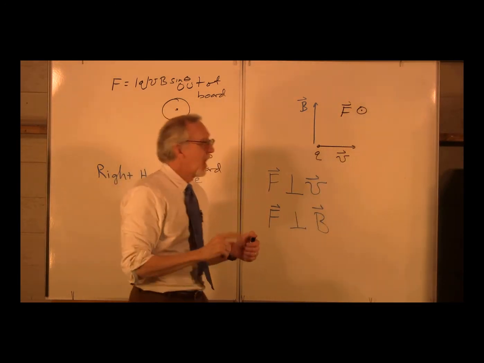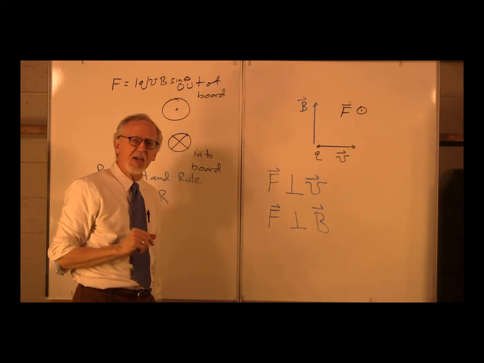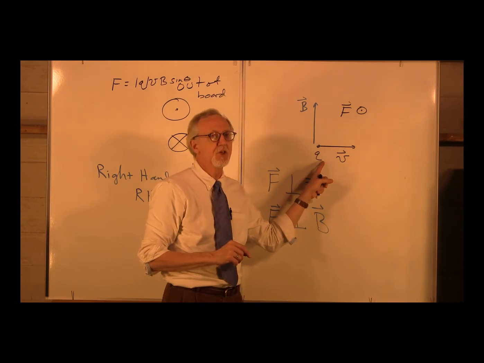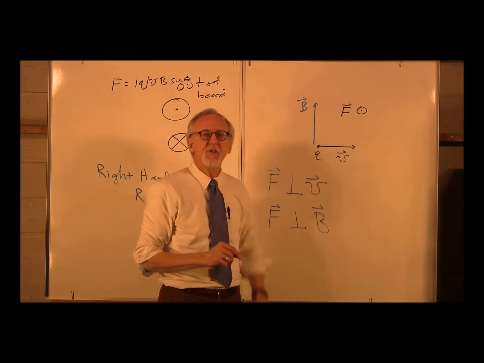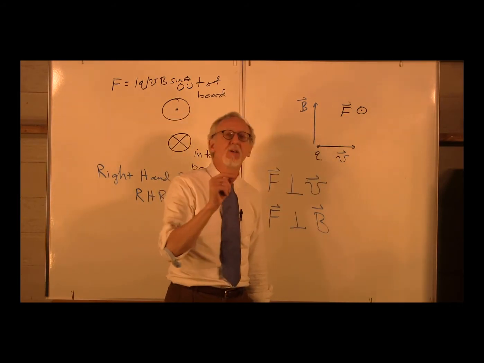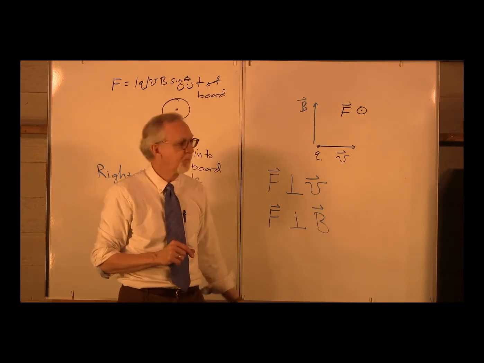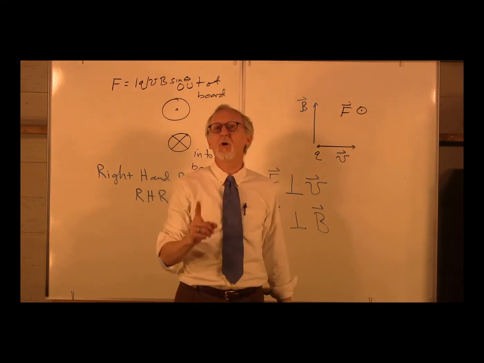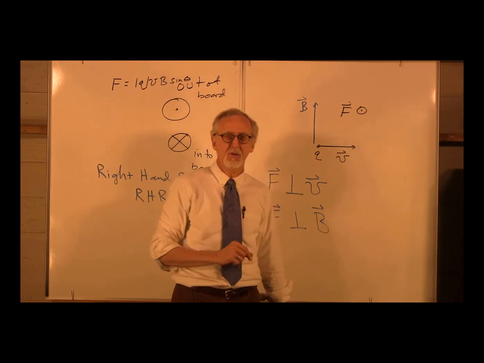Very good. In the beginning, when we started talking about this problem, I said, let's imagine we have a positive charge. That would be the direction of the force on a positive charge. If this were a negative charge, the force is in the opposite direction.